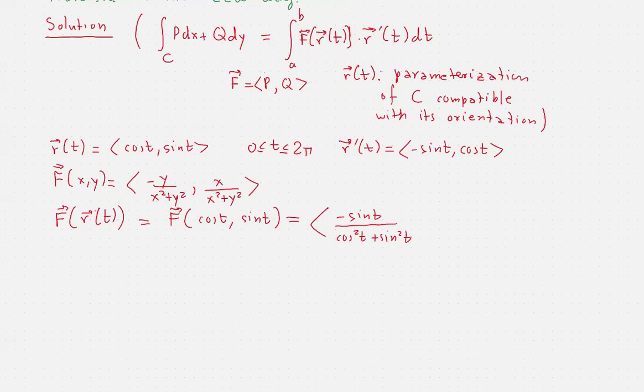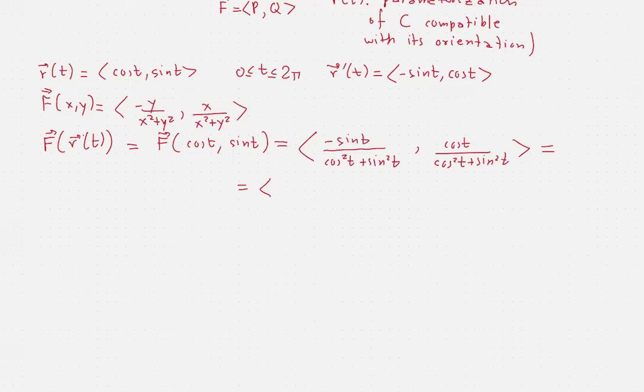So you see that the denominator is very, very simple thanks to the Pythagorean theorem. So cosine square of an angle plus sine square of the same angle is 1. So we simply get negative sine t, cosine t.